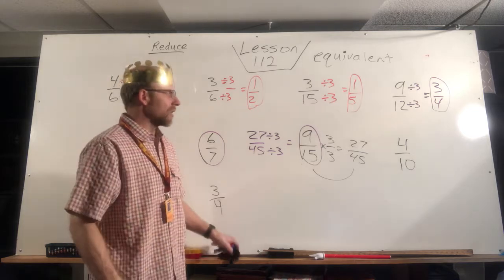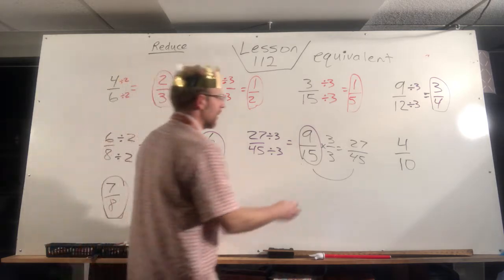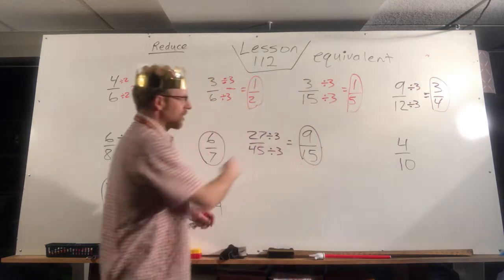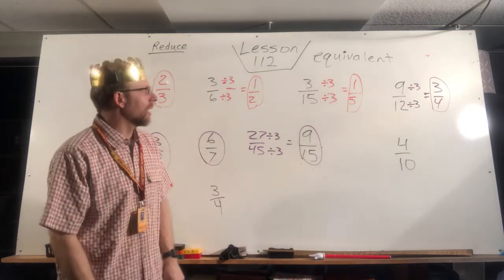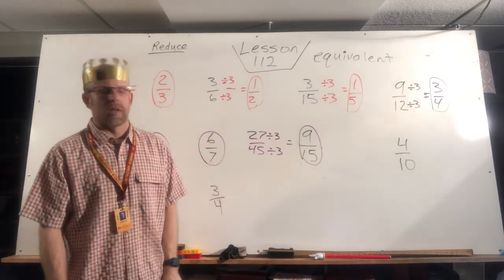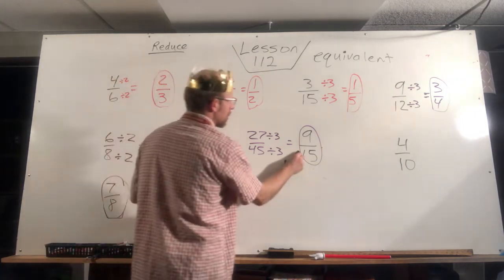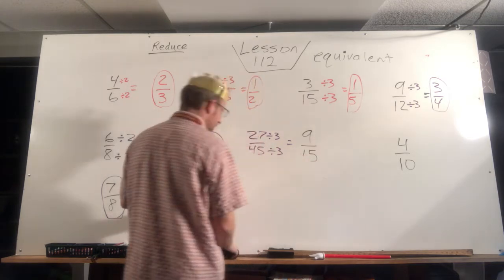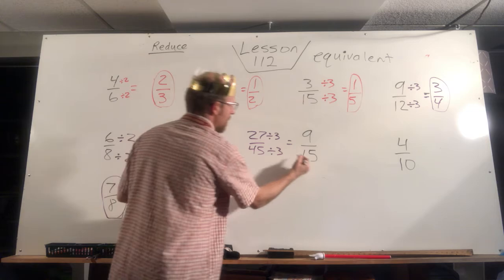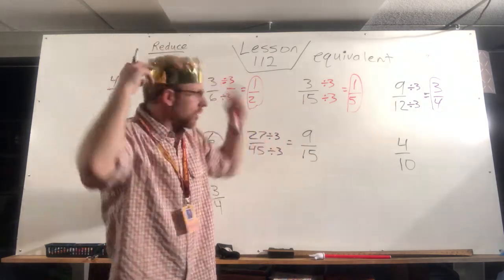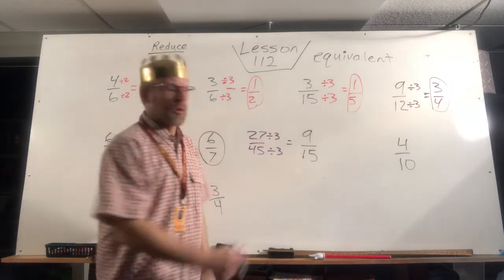Now let's say that I did that, and this now is gone, and that was your answer, and you said, "Oh, I'm good." Well, wait a second. That's not as small as it can go. It can actually go smaller than that. So what do I do again? Some of you math masters see right away, you can take a 3 out of both of those numbers.